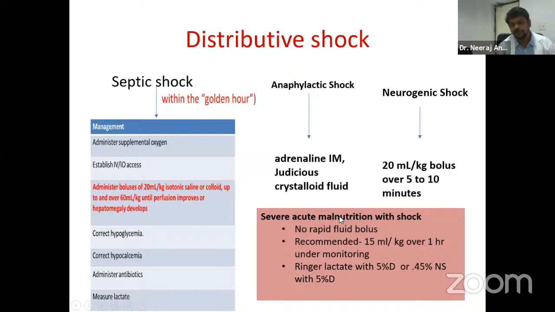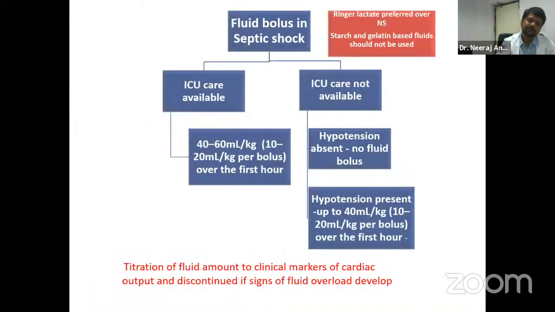In case of SAM, the preferred fluid is Ringer lactate with 5% dextrose, or N/2 saline with 5% dextrose. Now, how much fluid we could give depends on whether we have ICU care available or not. If we could monitor the patient and we have ICU care, we could give fluid boluses up to 40 to 60 ml per kg, with 10 to 20 ml per kg of each bolus over the first hour.